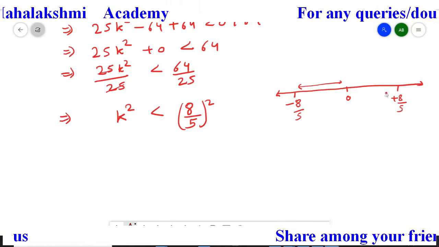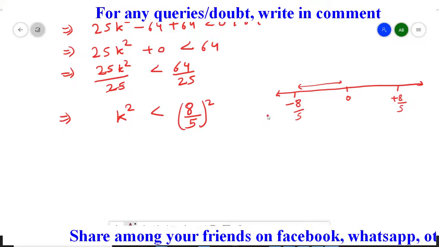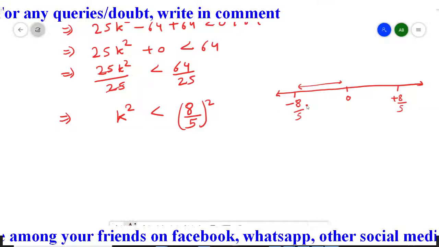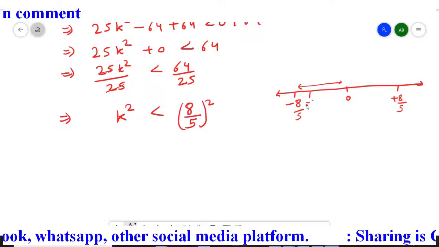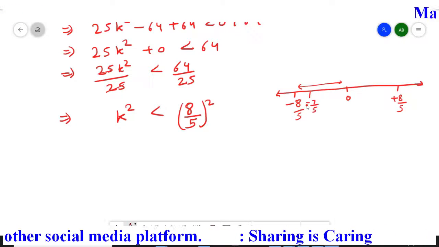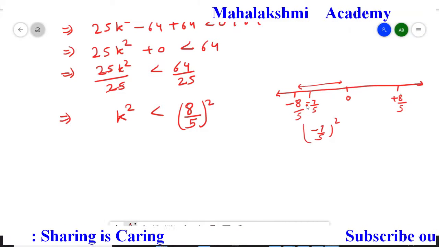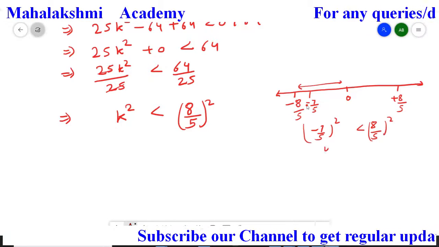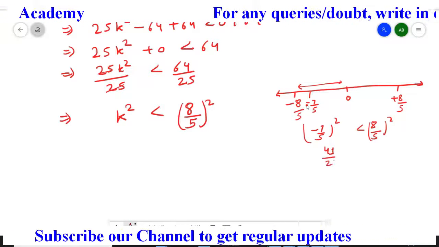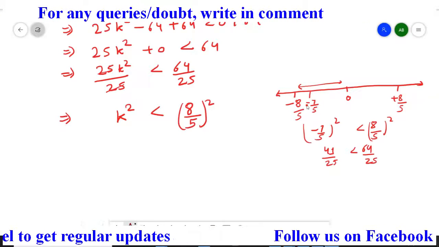For all this complete set, this equation is going to be satisfied, because students, if somebody asks you what is going to be just before it, then it's going to be minus 7 upon 5. Then when you do (minus 7 upon 5) square, surely it is going to be less than (8 upon 5) square, because it's going to be plus 49 upon 25 and the other is 64 upon 25.